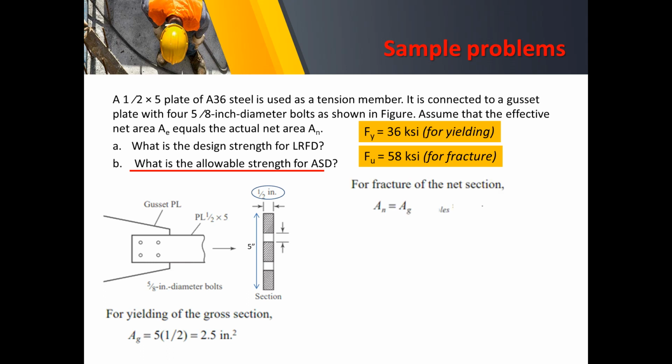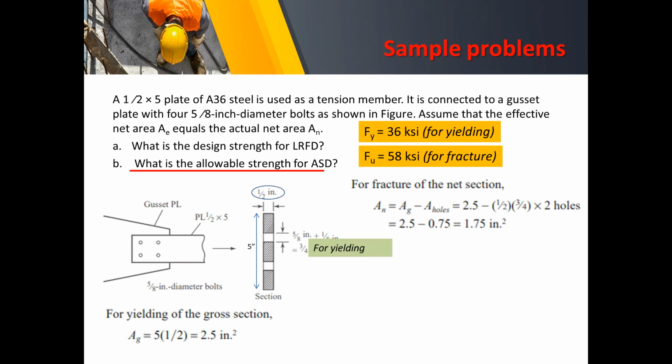Similarly, we compute the net section, considering the addition of 1/8 to the bolt diameter. There are 2 holes in that. So we have the same A_n and A_g, wherein A_n, according to the problem, is also the effective area.